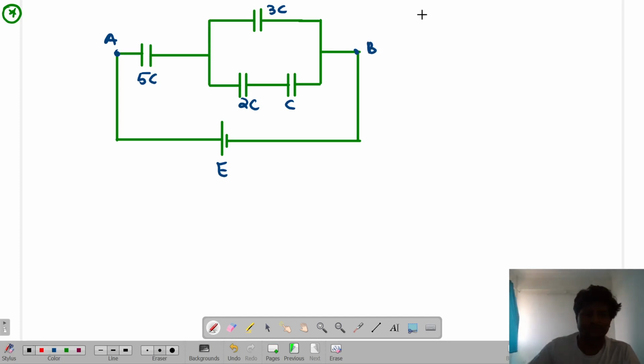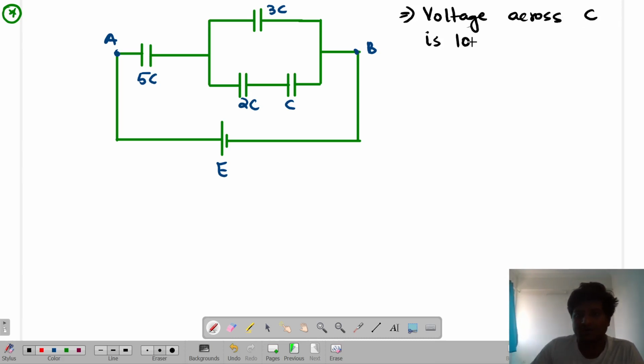Question is, what is the voltage. No, no, 1 minute. Look over here. The point is, voltage across capacitance C is 10 volts.